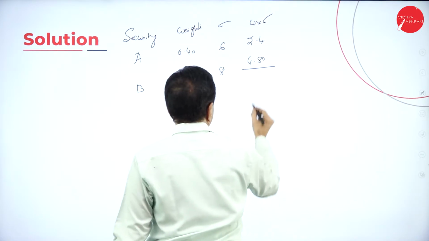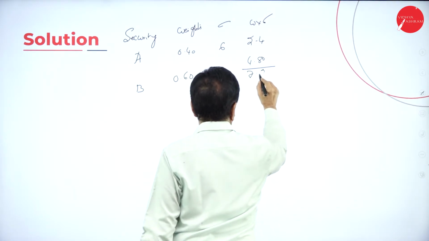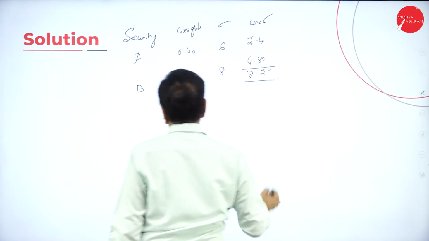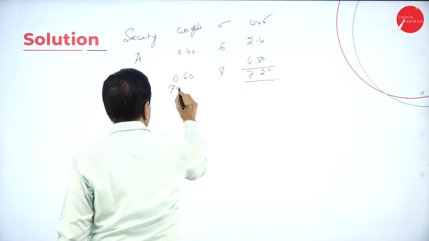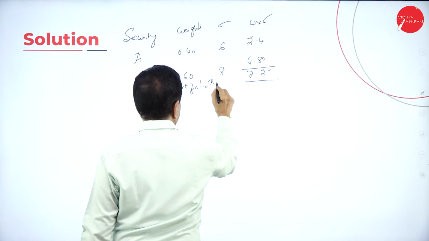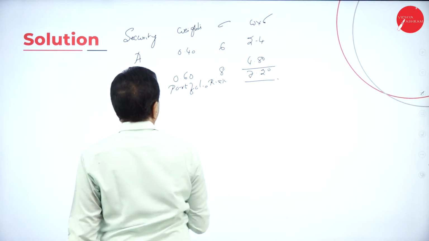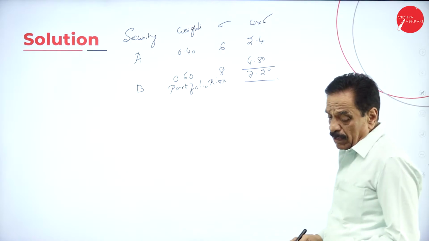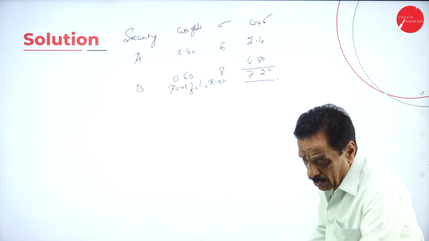Add, this is 7.2. This is called portfolio risk. We have A, we have B.